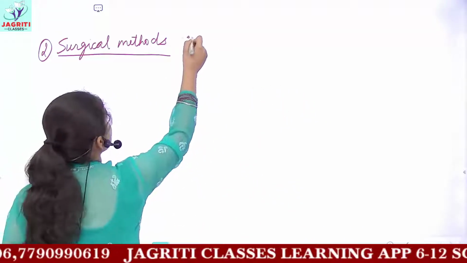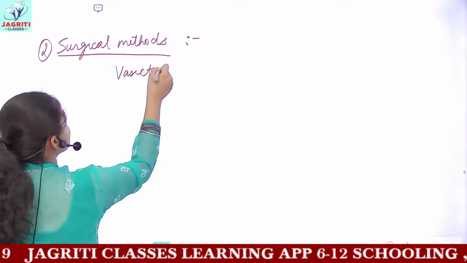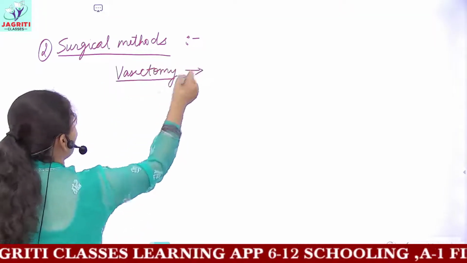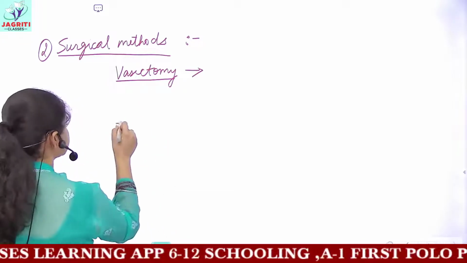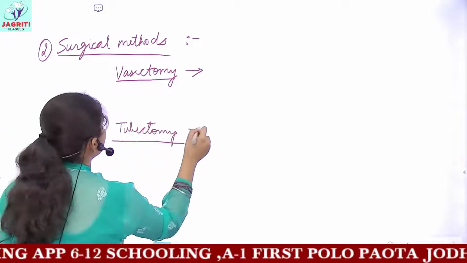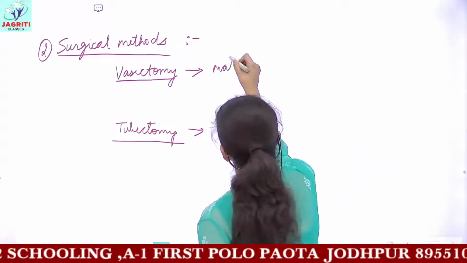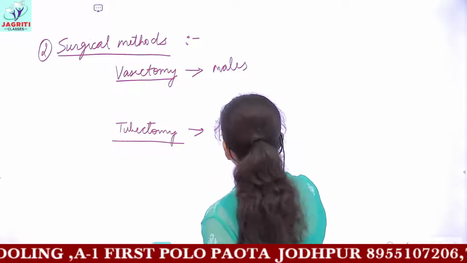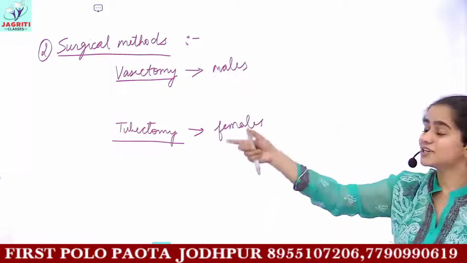So for surgical methods, you have two different kinds, that is vasectomy and then tubectomy. The method of vasectomy is used in males, while the method of tubectomy is used in females. Okay, so these are surgical methods.